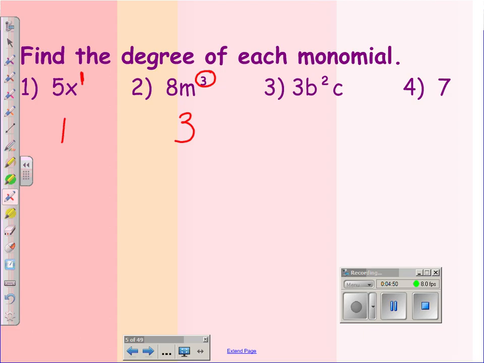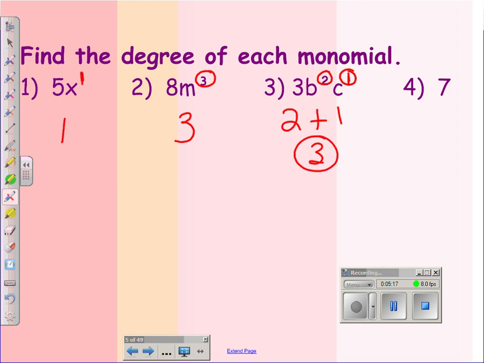3b squared c. The degree depends on the exponent, but in this case, we have a b raised to the second power, but we also have c raised to the first power. And so in order to determine the degree, we have to add those exponents. So we would say the degree is 3.